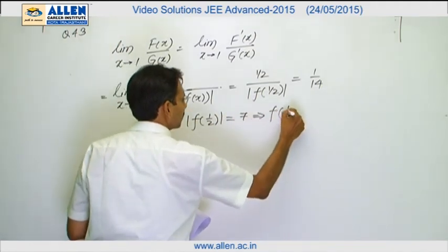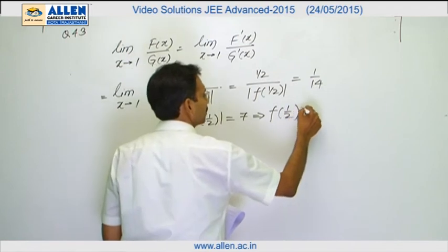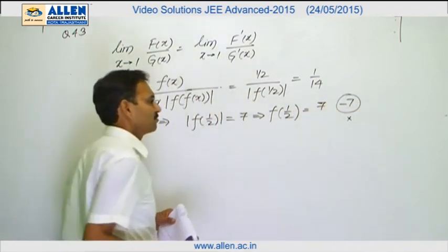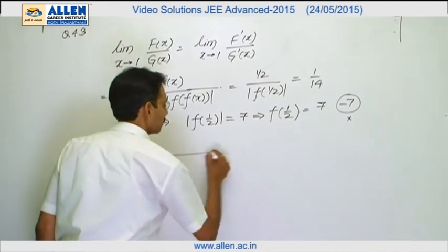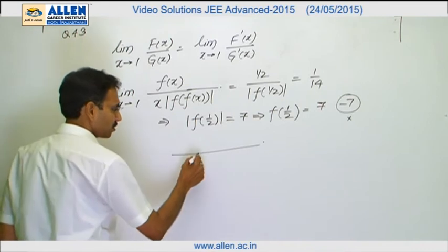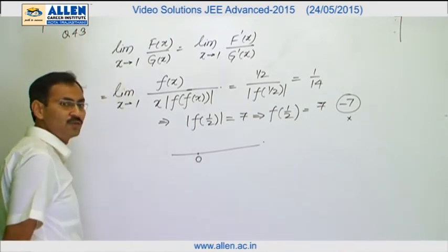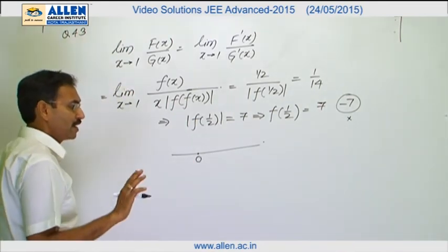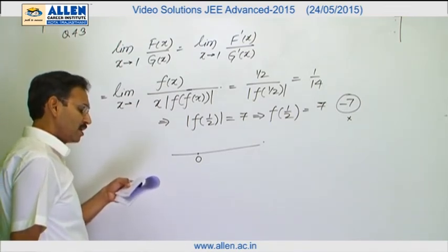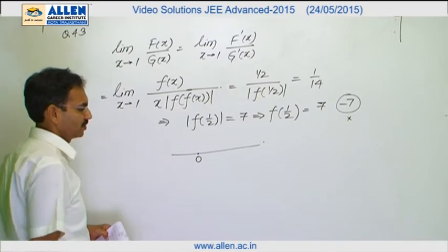So f half can be 7 or minus 7, but it cannot be minus 7, because if f half is minus 7, we know that fx is an odd function, a continuous odd function, so its value at 0 will be 0. It should not have any other root, as mentioned in the problem, that exactly at one point fx is vanishing.